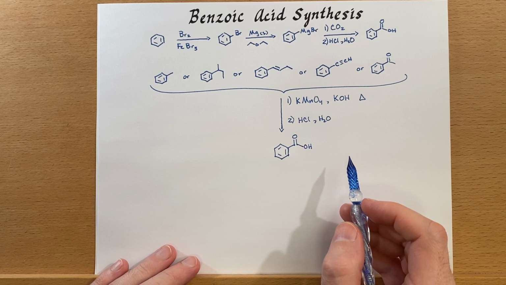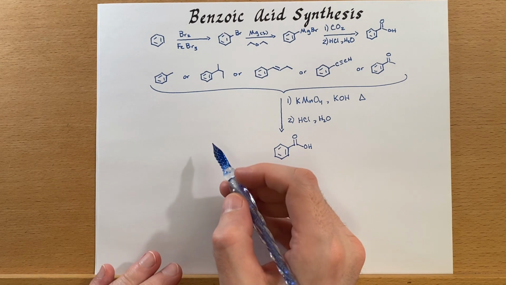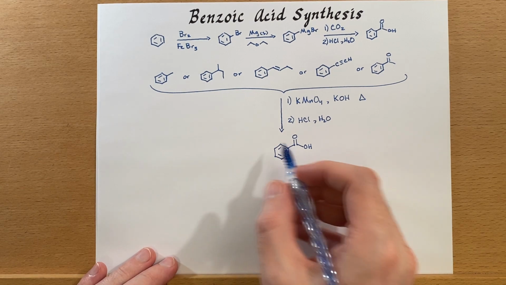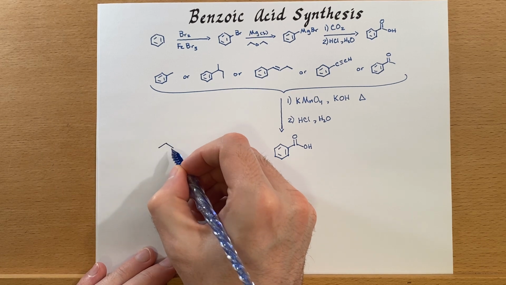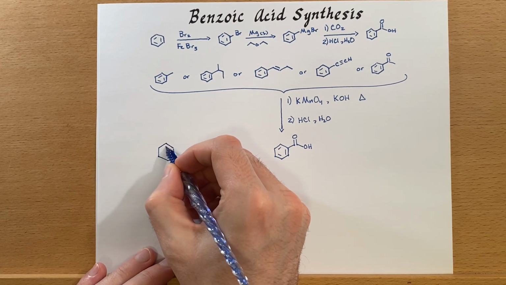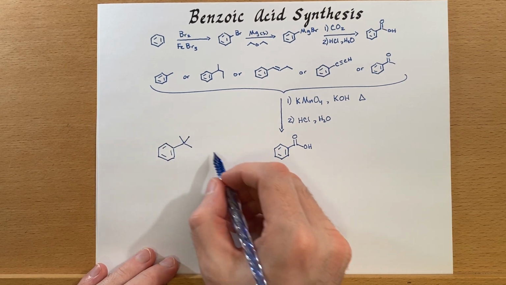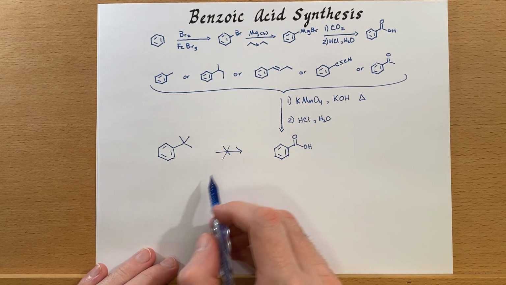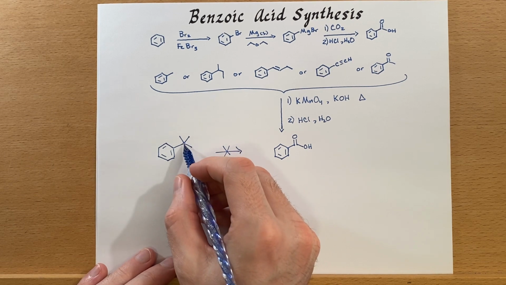Now, what are some of the limitations that we should talk about here, and how is this actually happening? Well, one limitation is that we cannot use quaternary carbons. So as an example, this starting material, which has a quaternary carbon on it, will not be able to be converted under the same reaction conditions. So it doesn't work on quaternary carbons.